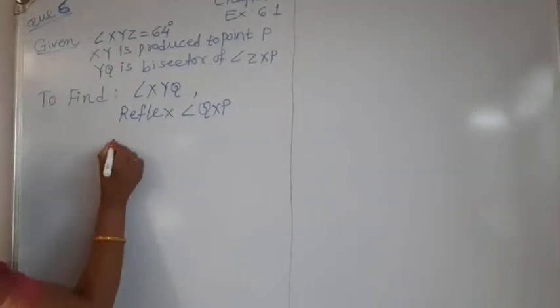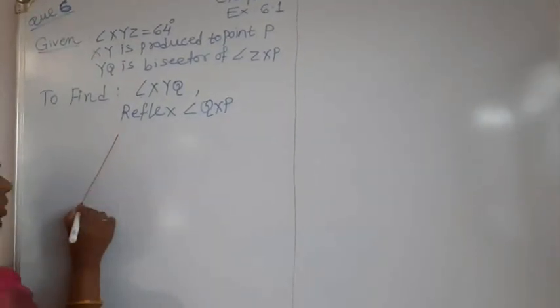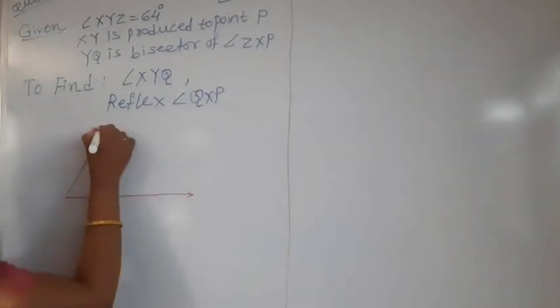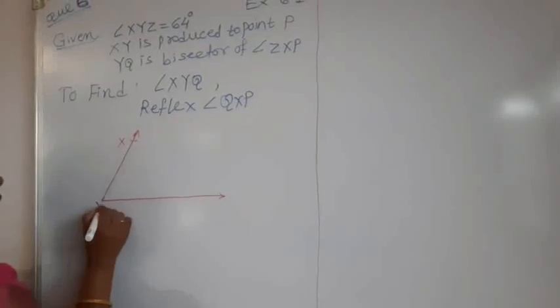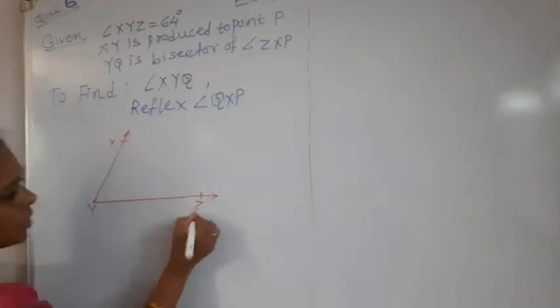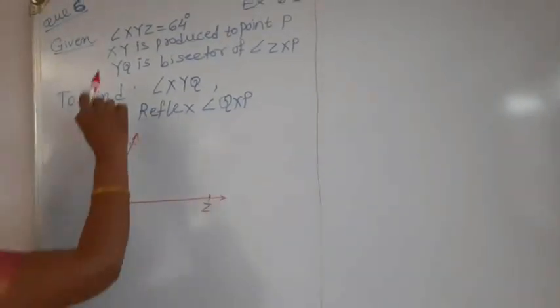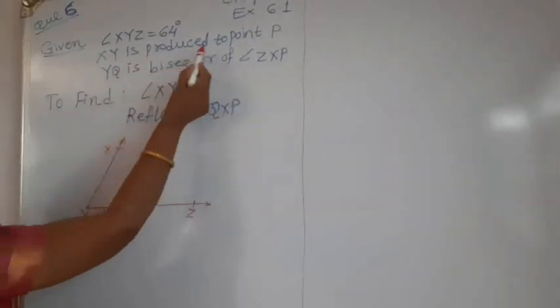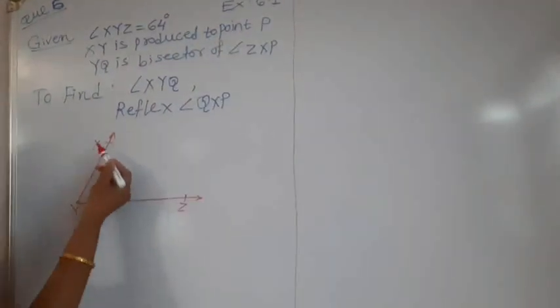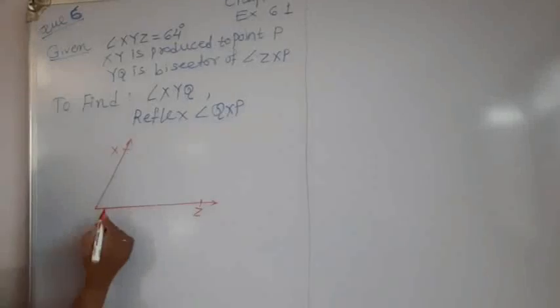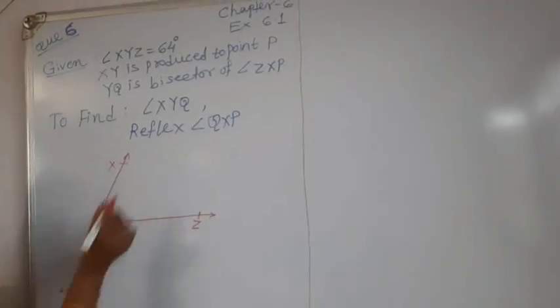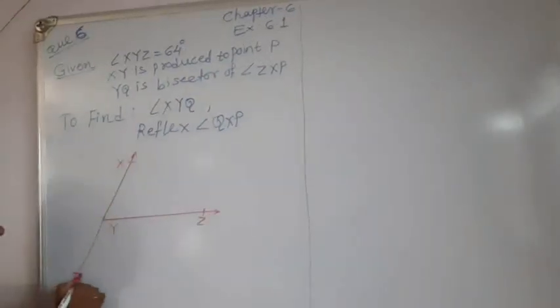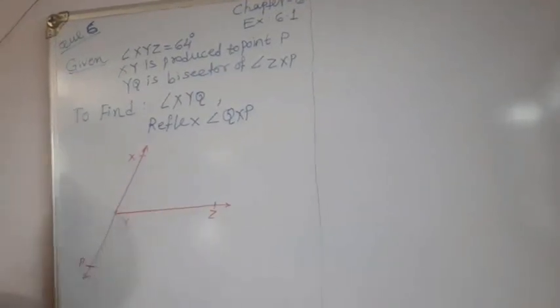Draw the angle XYZ. Now here we consider the angle X, Y and Z. Again it is given that XY is produced to point P. Means this XY side is produced up to point P. Let point P be given.